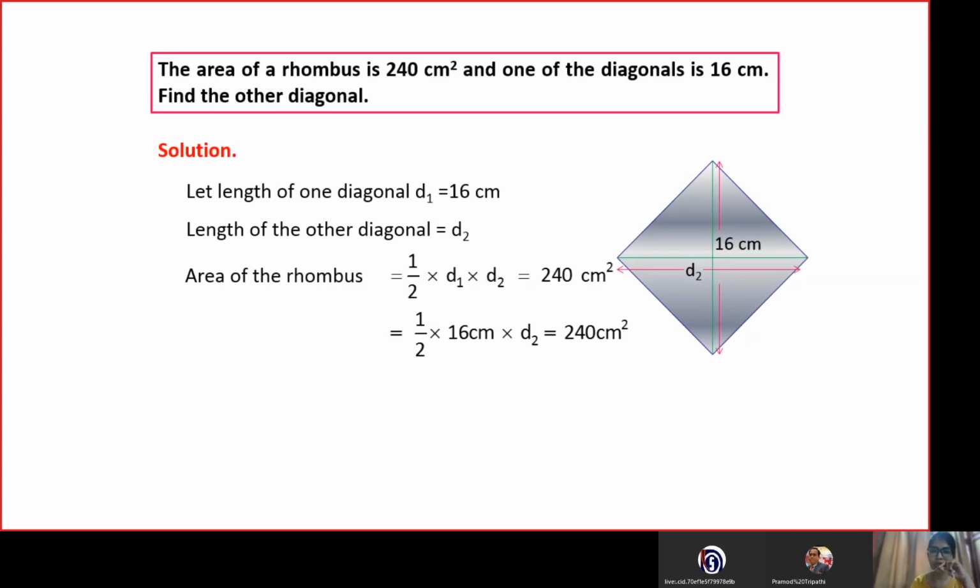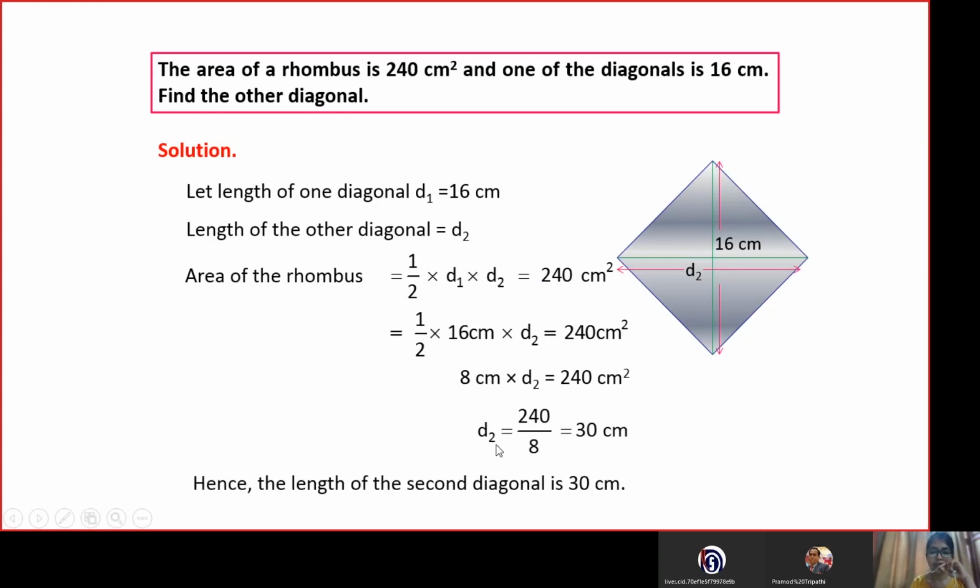We know the area of a rhombus is half into diagonal 1 into diagonal 2, and it is already given to us as 240. Now, we have to find out the length of diagonal 2. So, can you simply cross multiply and find out the length of the diagonal? You will get the answer as 30 centimeters. Again, do not forget to write down the units.